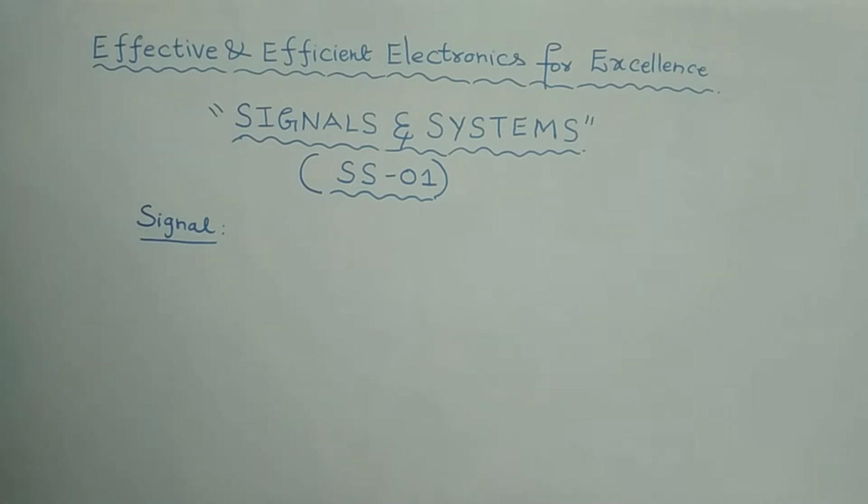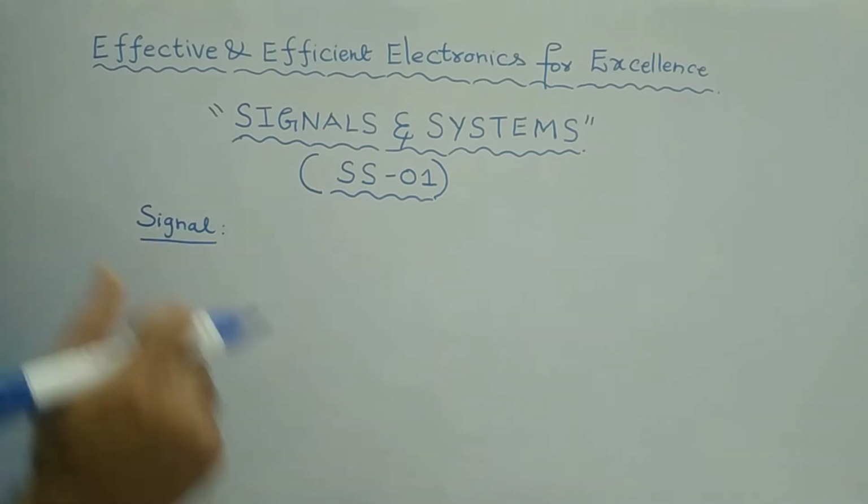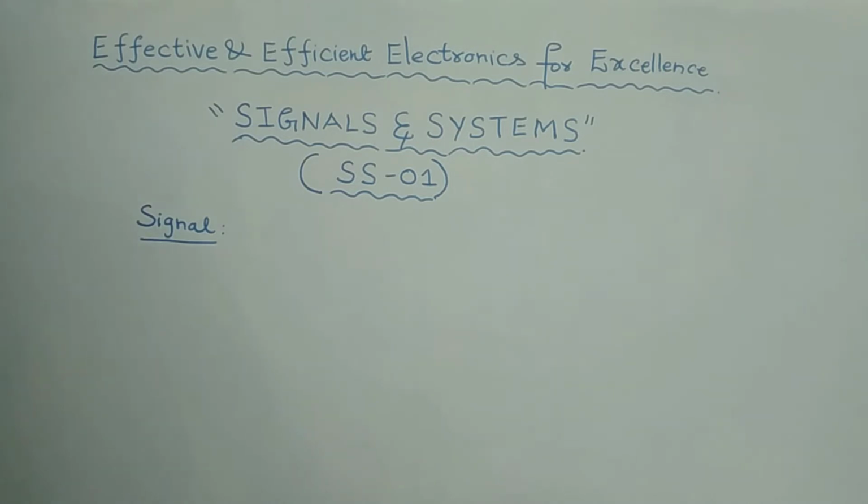So what are examples of a signal? A speech signal. As I am continuously speaking, this is a speech signal. My speech conveys information. What is the information? It is the explanation, or the presentation, on this topic of signals and systems. That information is coming in the form of a signal.